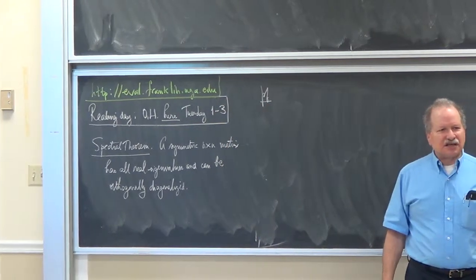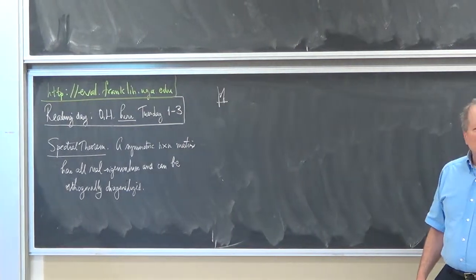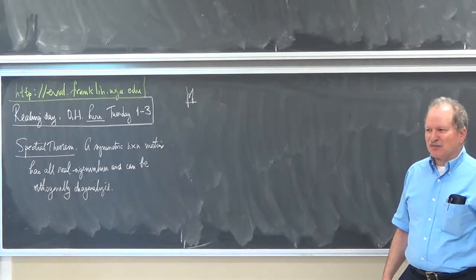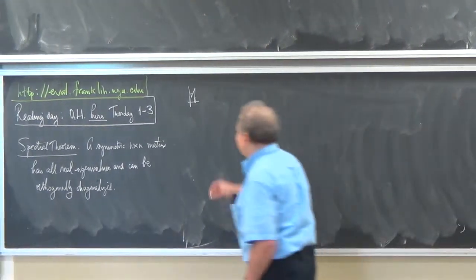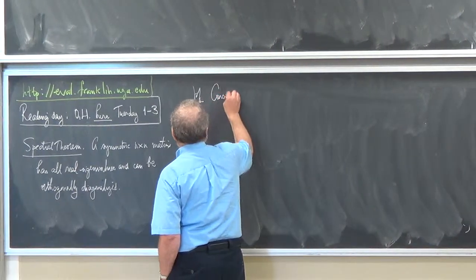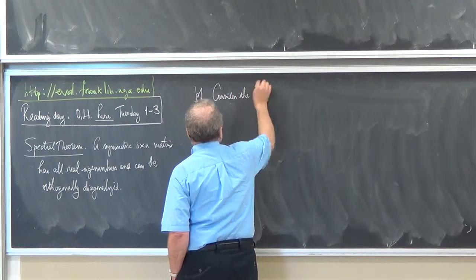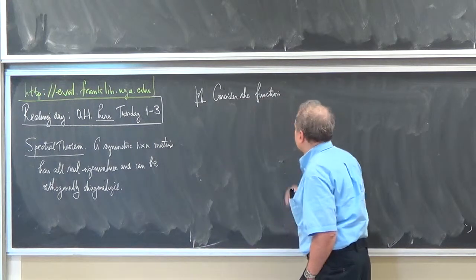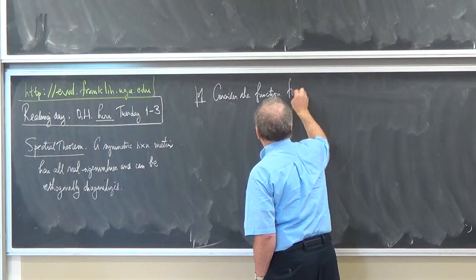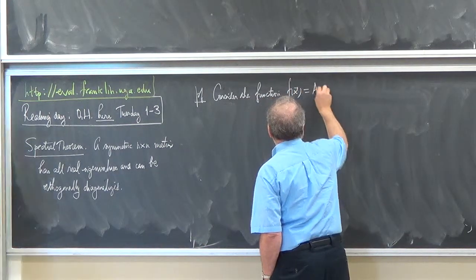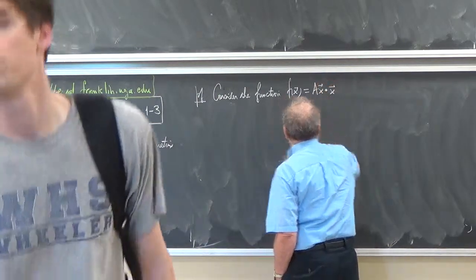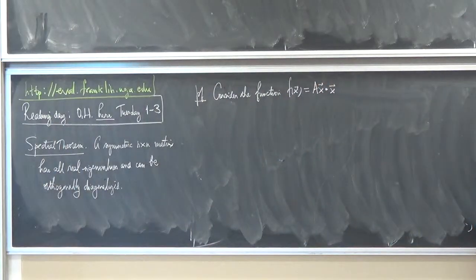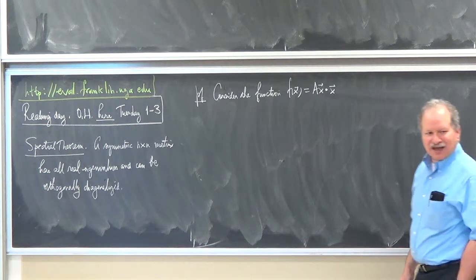You actually did web work where you did this last semester, but you probably don't remember. Consider the function, which we could call capital Q, but I'm going to call it F because that will fit what we did last semester.